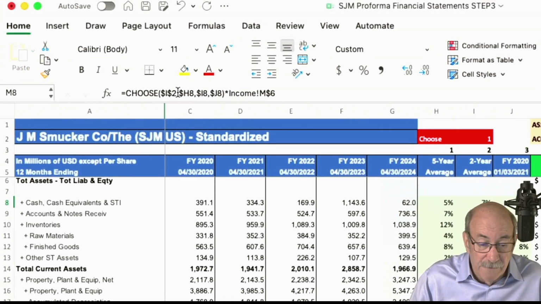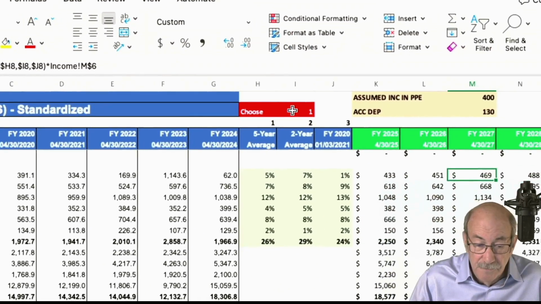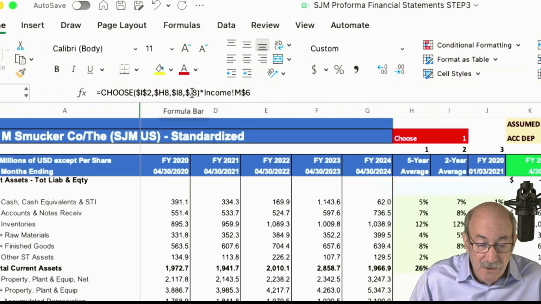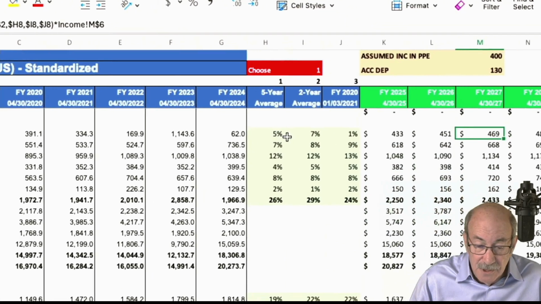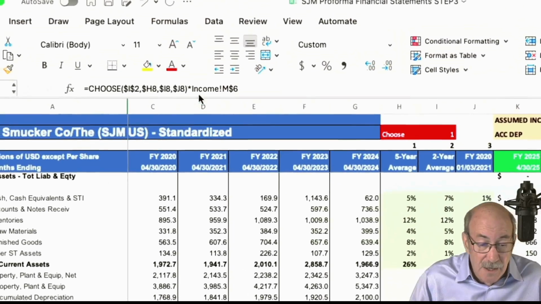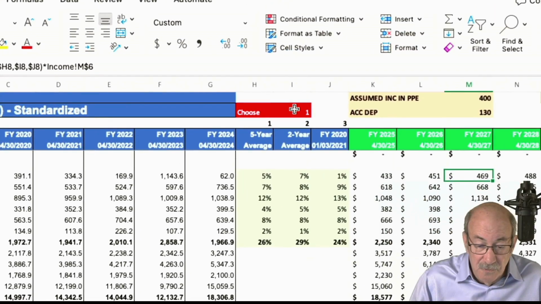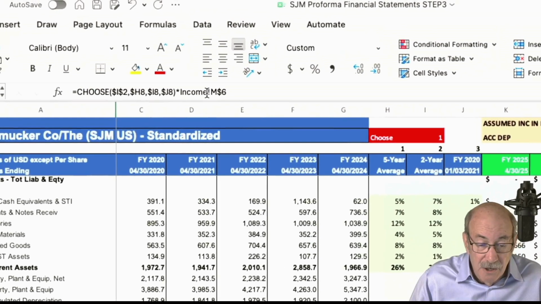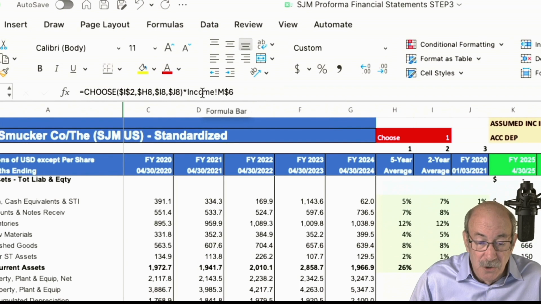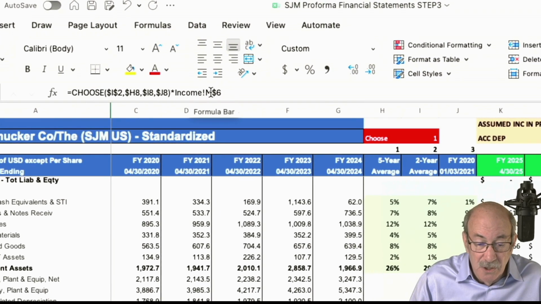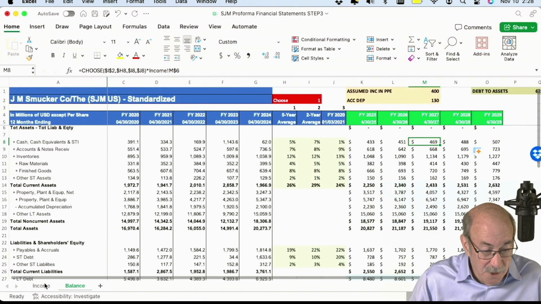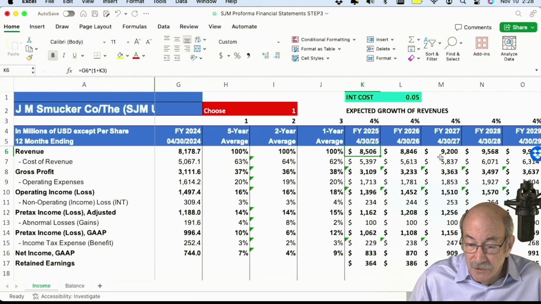Notice here, it's still referencing I2 right here. And then it's looking at H8, I8, or J8, these guys. Whichever one this references, it'll actually take H8 again. And then it'll multiply it by the revenue, which is over on the income statement in cell M6. If I go back to the income statement, cell M6 is right here. It's the 2027 revenue.